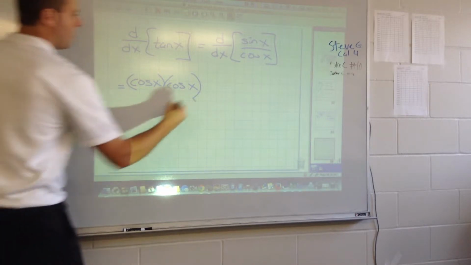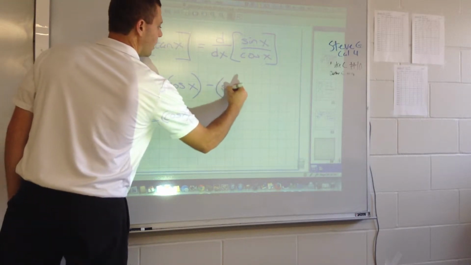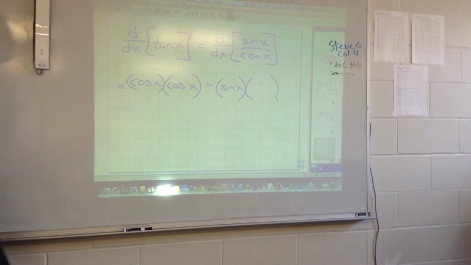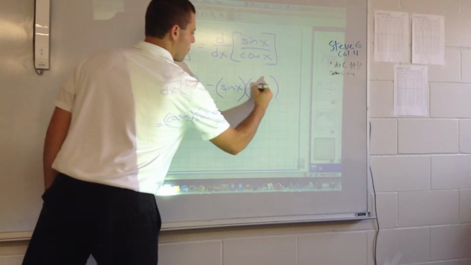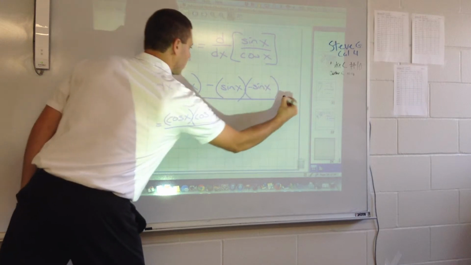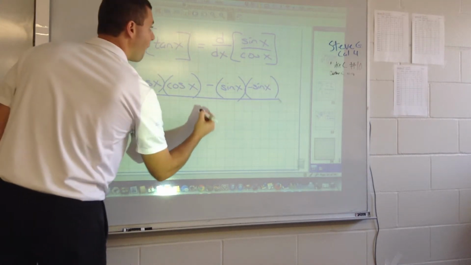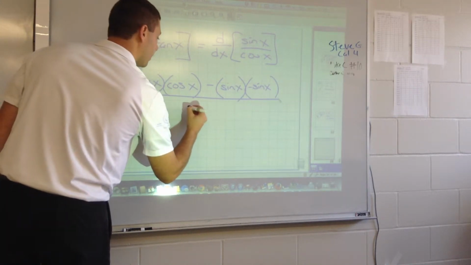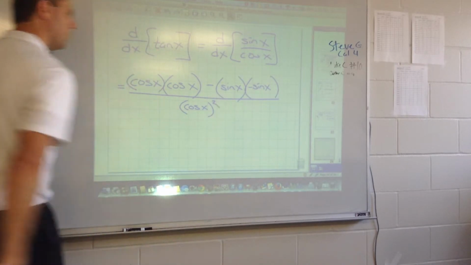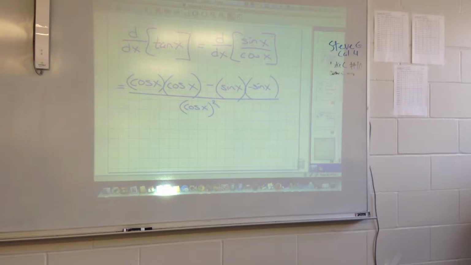Minus high, D low. The derivative of the low, cosine x, would be negative sine x. All over the square of what's below.